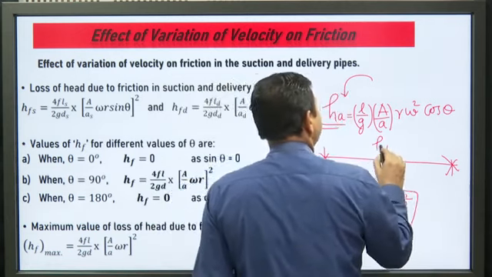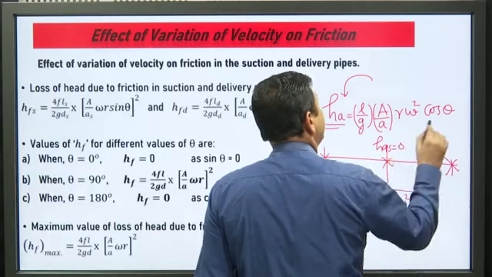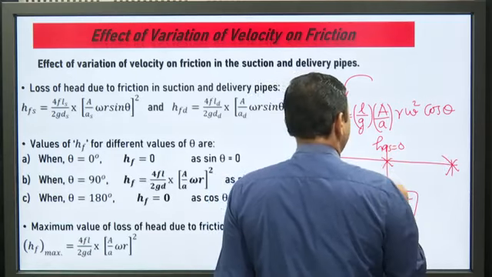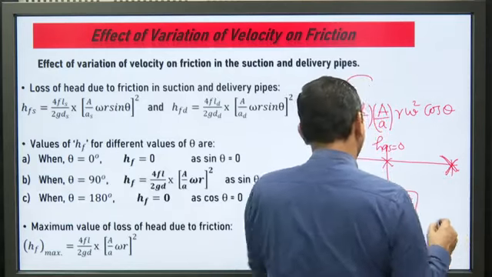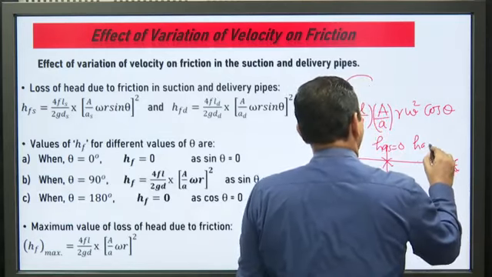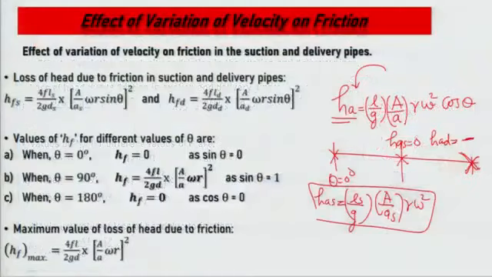At the middle of stroke, HAS is 0 because cos 90 is 0, and at the end it becomes cos 180 which is minus. So HAS is with a minus sign, the magnitude is the same with minus sign.